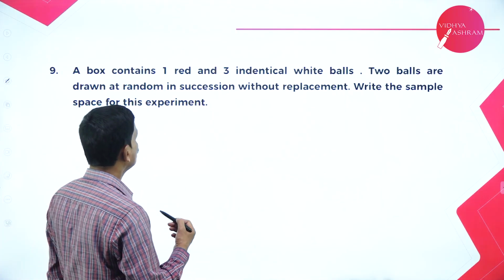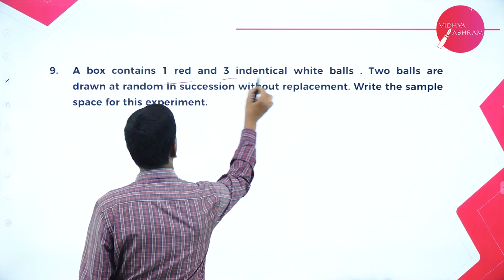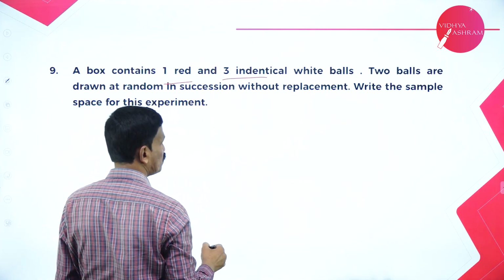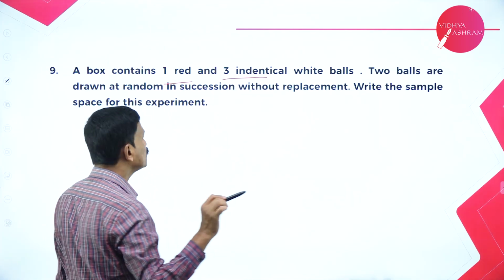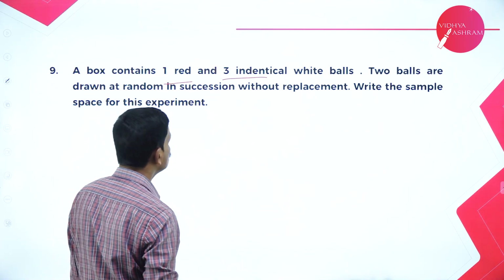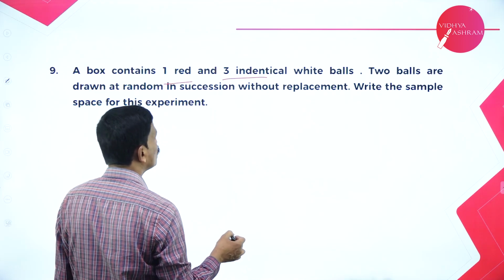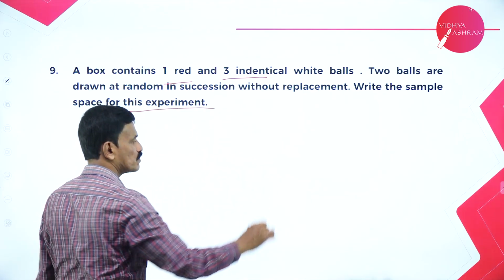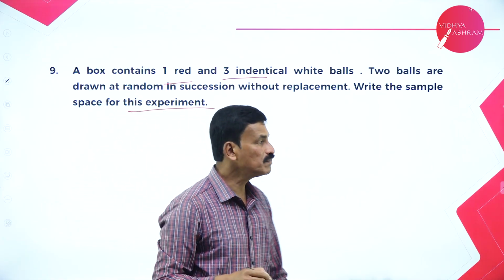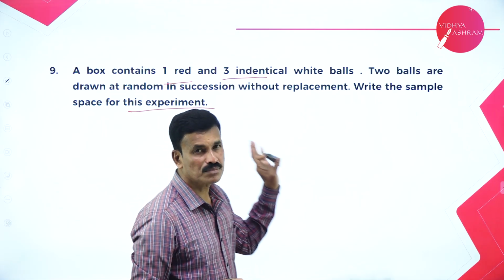A box contains one red and 3 identical white balls. 2 balls are drawn at random in succession without replacement. Write the sample space for this experiment. Without replacement, we are going to write the sample space for this.